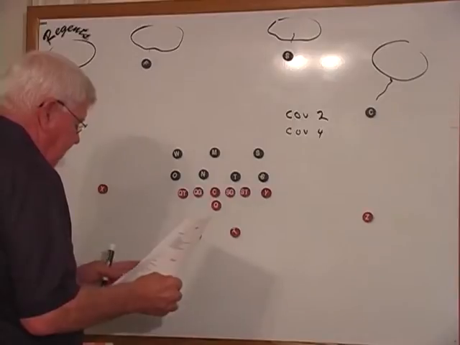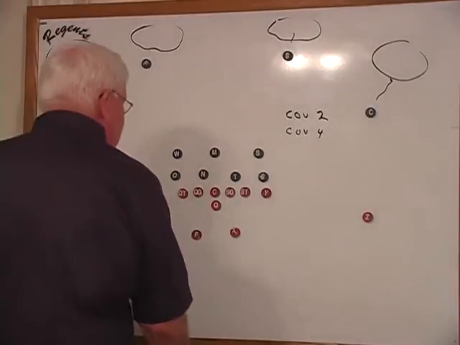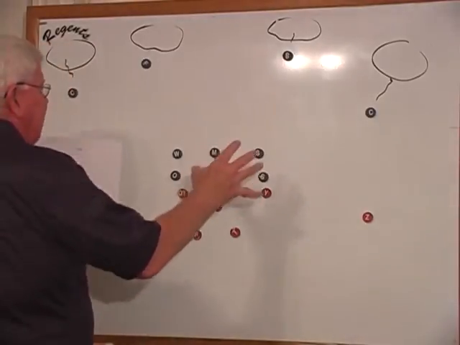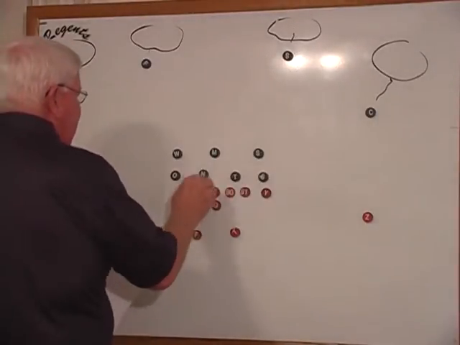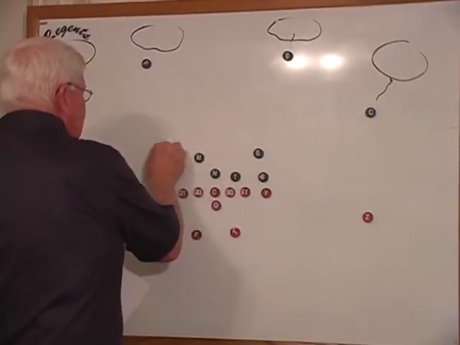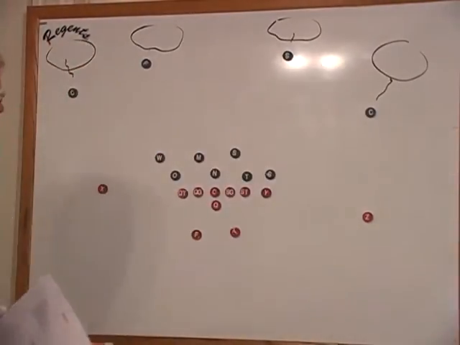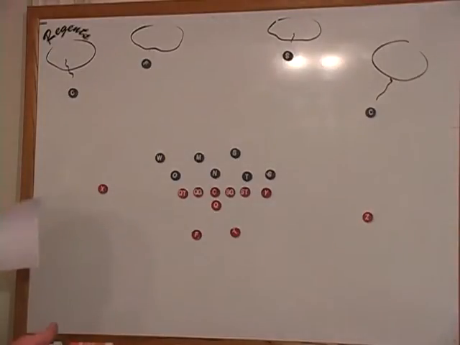Okay, now a defense that you're going to see: a 7-man front can be a 4-3 type of thing, or it can be a 5-2 type of thing. But in each of those cases, there's 7 people.